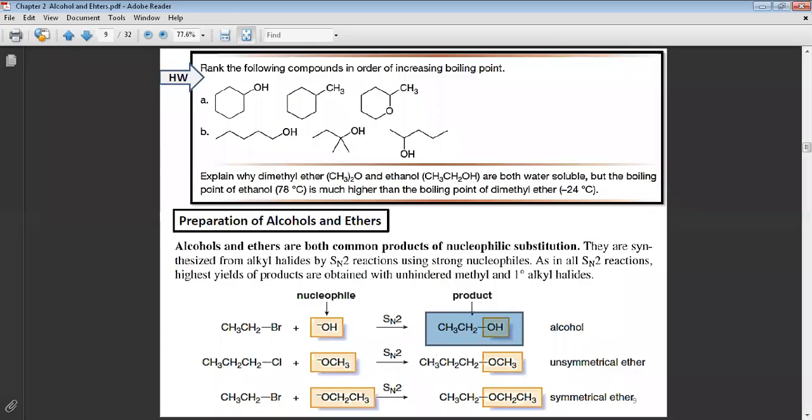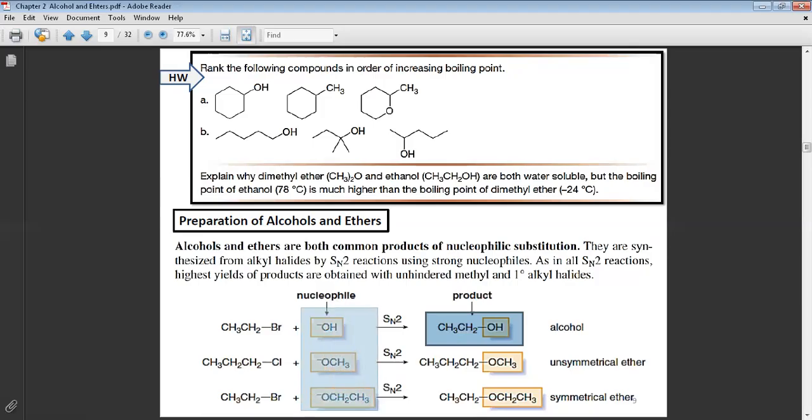Look at this ethoxy: ethoxy attacks, Br is removed by SN2 reaction, and it will give you an ether. That means it's easy. Just from the alkyl halide, we can prepare the alcohol and ether by using substitution nucleophilic reactions.